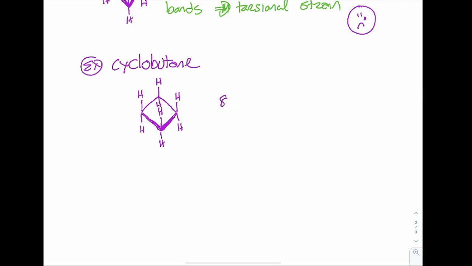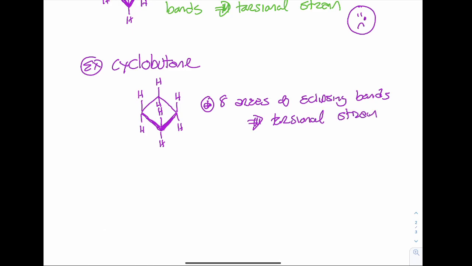So I have 8 areas of eclipsing bonds, which means I do have torsional strain. Quite a bit of it, actually. And then what are my bond angles for cyclobutane?